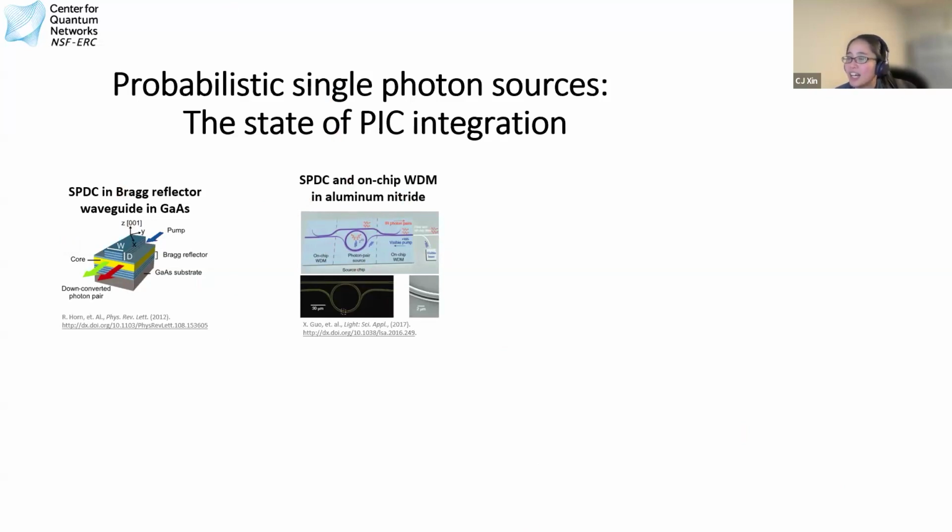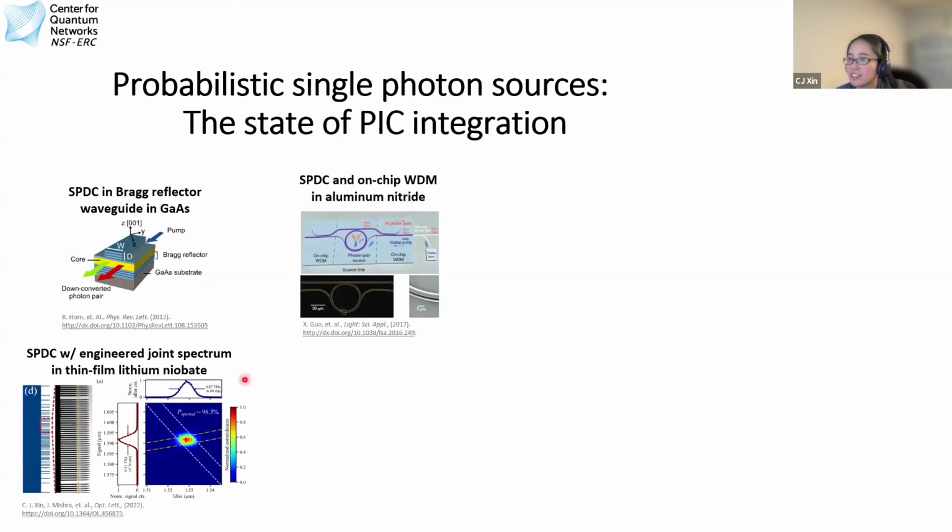And then you can play around a little bit and do it in lithium niobate, and actually you can engineer the joint spectrum by introducing additional waveguide dispersion. Normally lithium niobate will give you a very slanted joint spectrum, but once you engineer it, you can get it relatively separable like this.